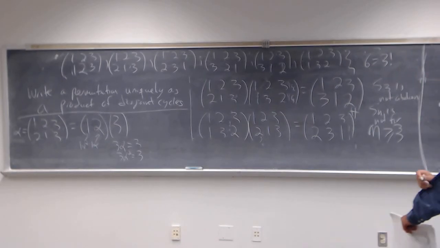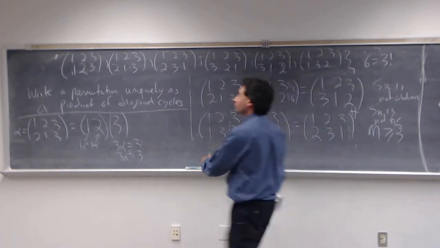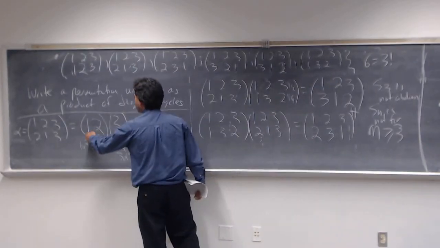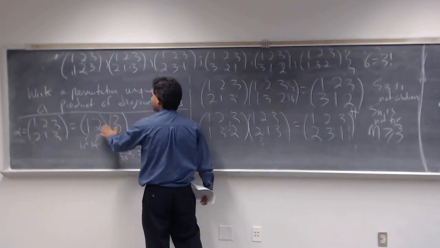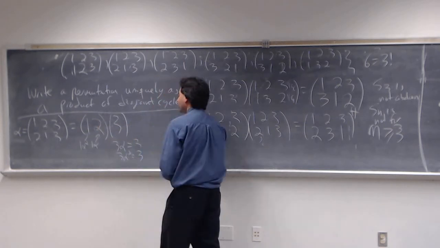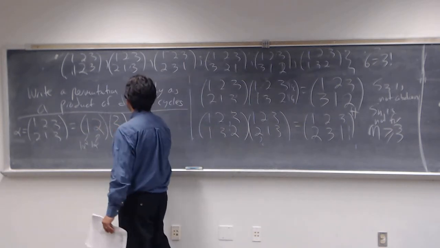Any element in a cycle is connected to another element by repeatedly applying alpha. So in a cycle, you can get from 2 to 1 by alpha. But with disjoint cycles, you can't get from one to the other. And then usually it's customary we skip the single cycle.